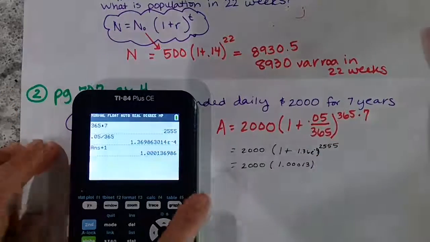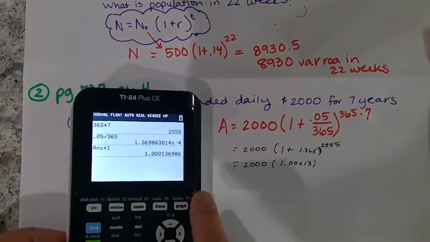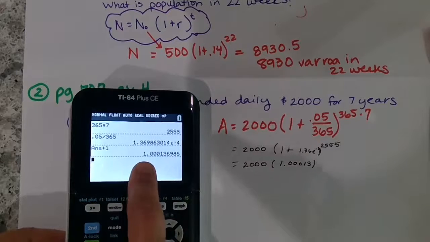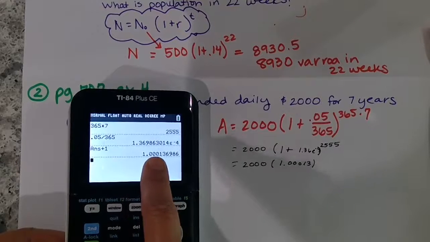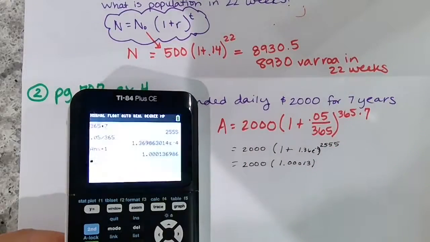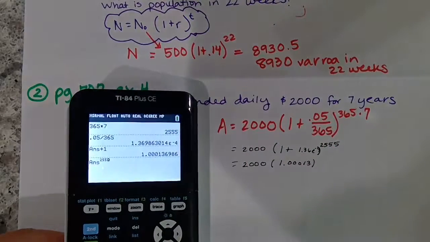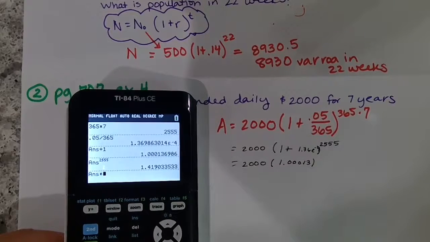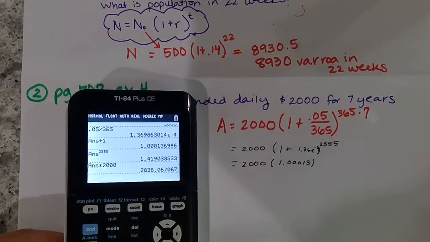So it's a really small number. Instead of rounding, I'm going to keep it in my calculator, add 1 to it, and leave it this way. So now I'm going to take this answer right here, raise it to the exponent, and then multiply that times 2,000. And that's going to be the easiest way for you to do it in pieces.